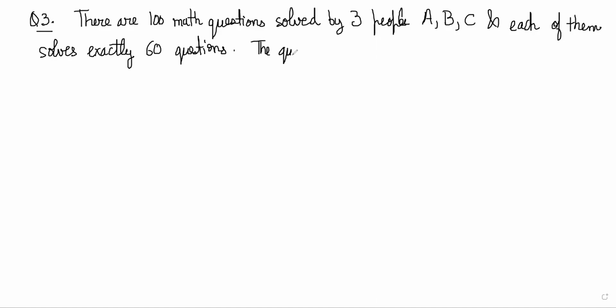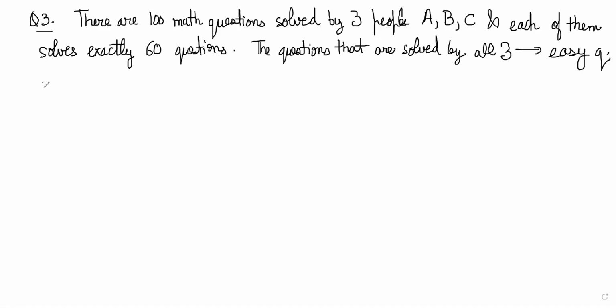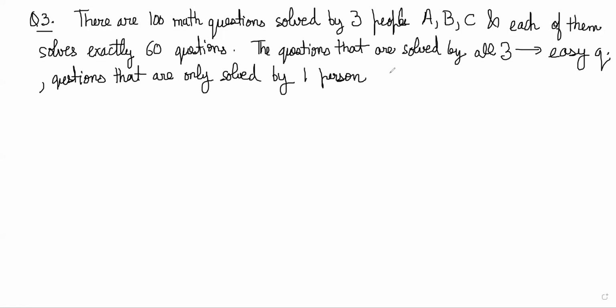The questions that are solved by all 3 are called easy questions, and the questions that are only solved by one person out of A, B, and C are known as hard questions.